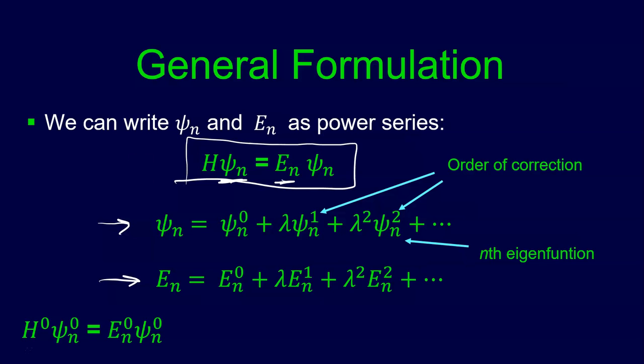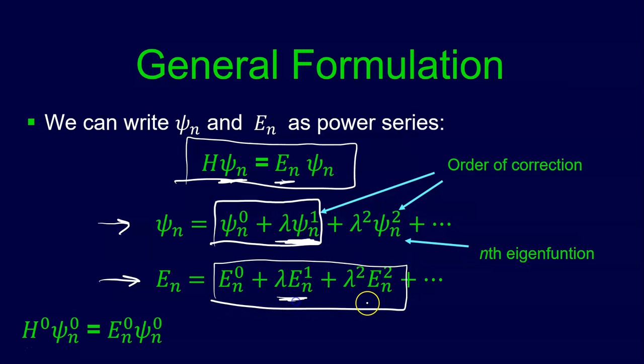For us, we're only going to look at first order corrections to the eigenfunction, and then over here, the first order and second order corrections to the energy. You can go higher, but in general we're dealing with perturbations that are small, and so you only need to go so far in these sums to hopefully get a decent answer.